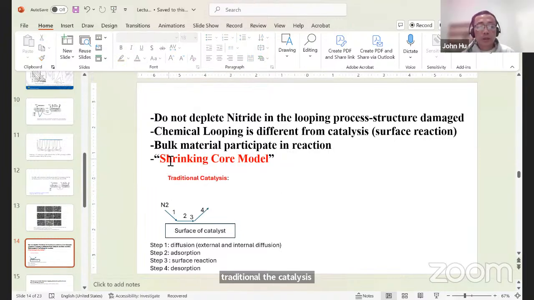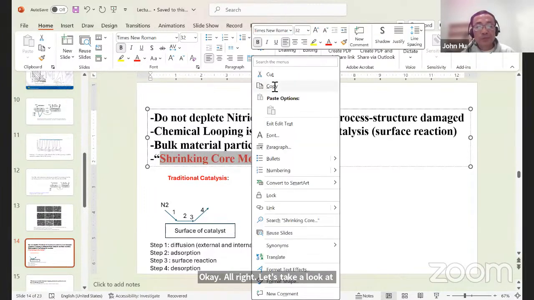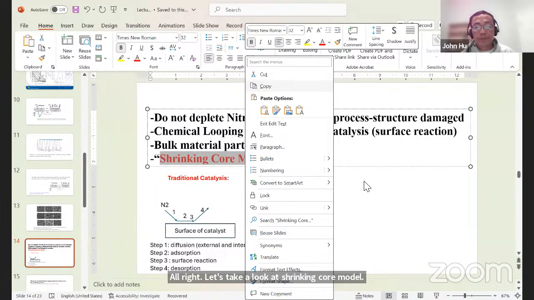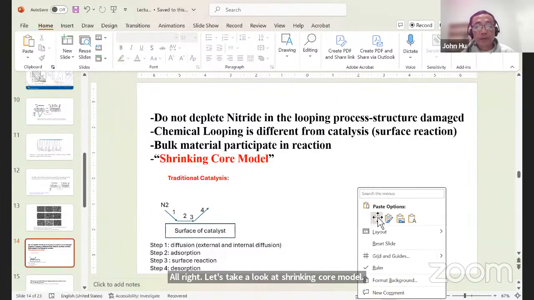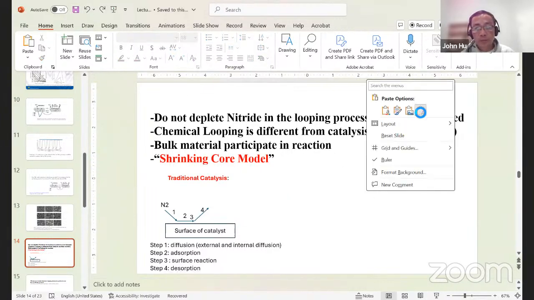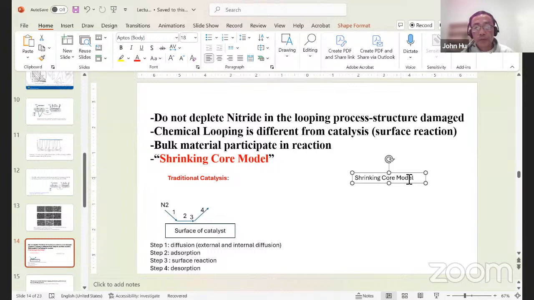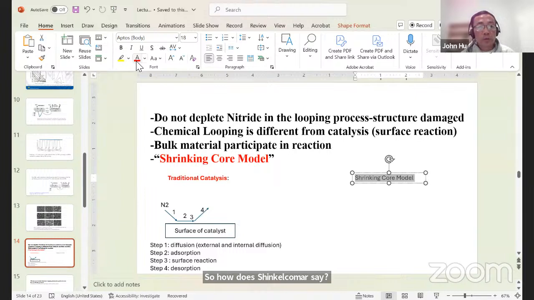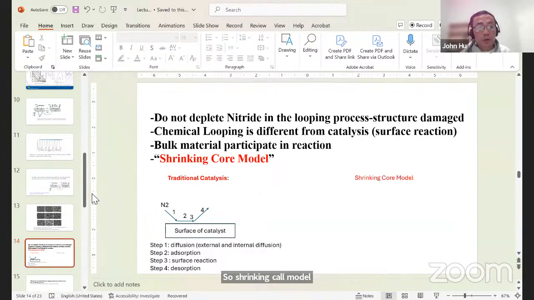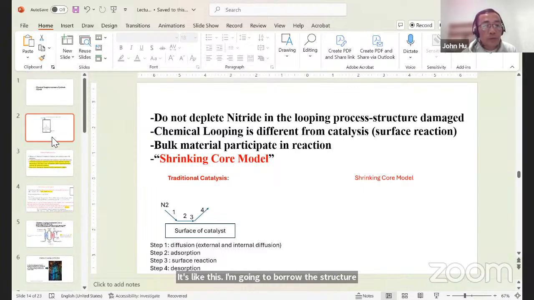Let's take a look at the shrinking core model. So what does the shrinking core model say? The shrinking core model is like this. I'm going to borrow the structure from the paper.